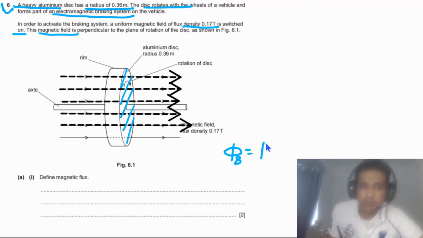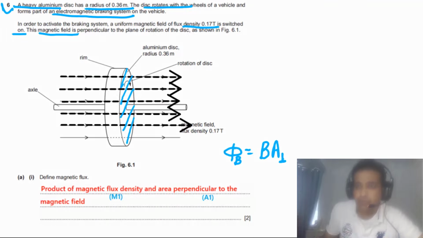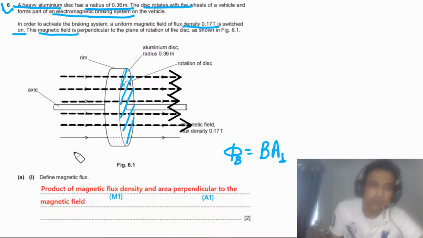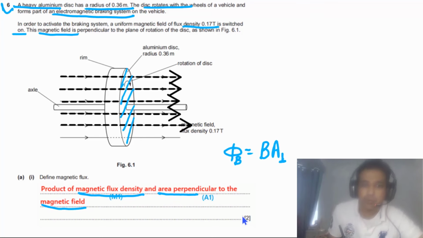This is the product of magnetic flux density times area perpendicular to the magnetic field. You can say product of magnetic flux density, this is an M mark, so it has to be in your answer. And second, you have to write down area perpendicular to the magnetic field. So you will get 2 marks if you have written this.